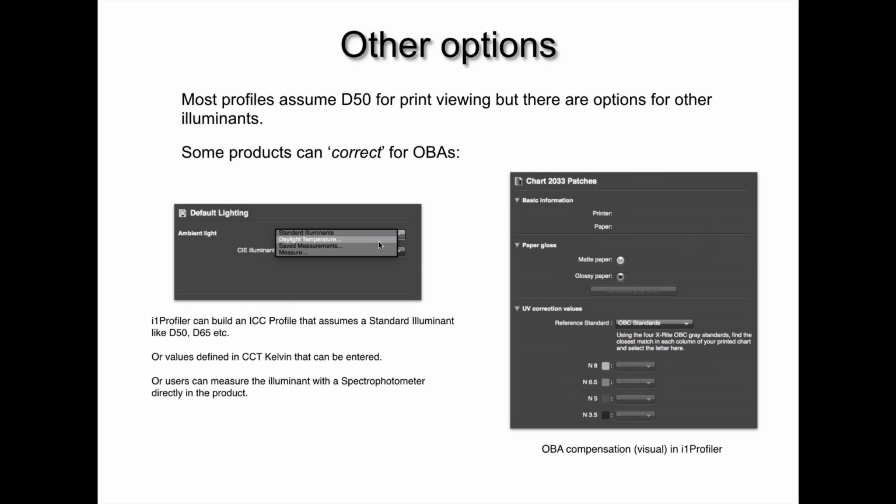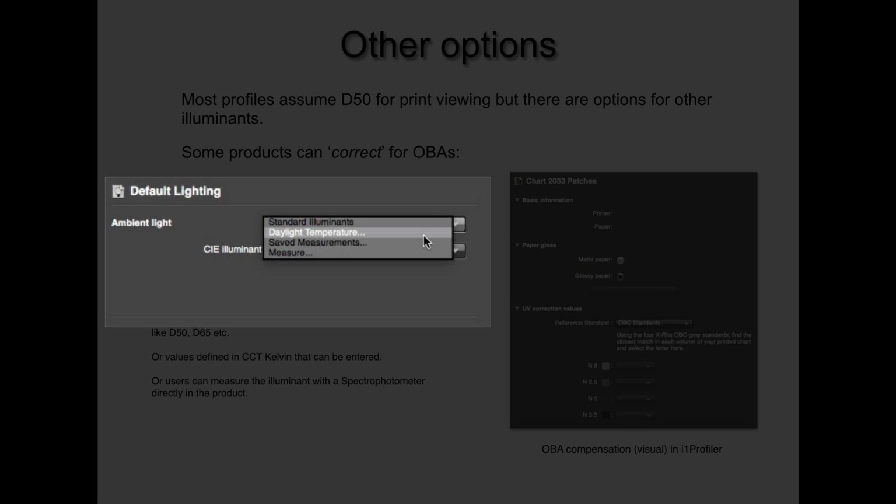One of the issues that we have is when we view our prints under different illuminants, they aren't standard, they do differ, and this can affect how we perceive the print. So one of the things that I can do in i1 Profiler is I can pick a standard illuminant like D50, or I can pick D65 or any of the other standard illuminants. I can also click on the daylight temperature drop-down menu and just enter a value in Kelvin.